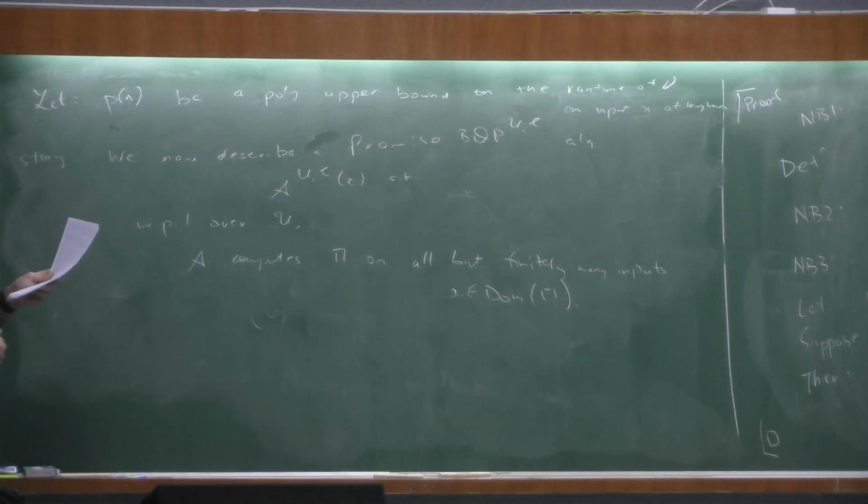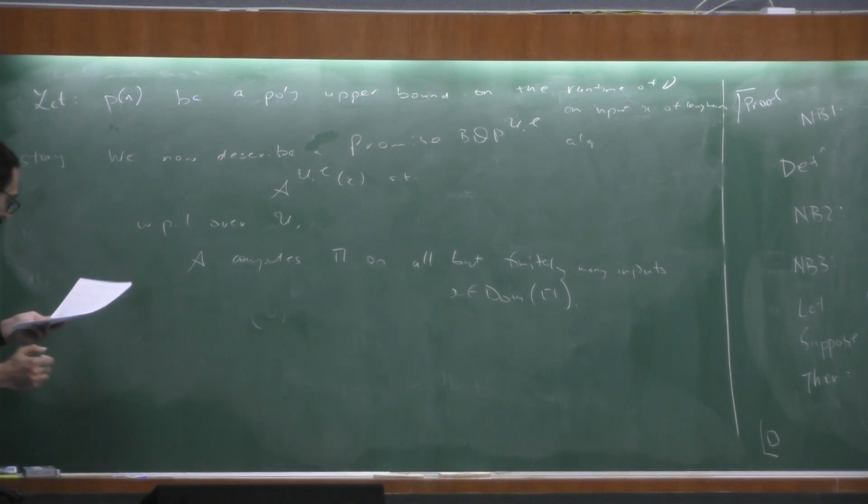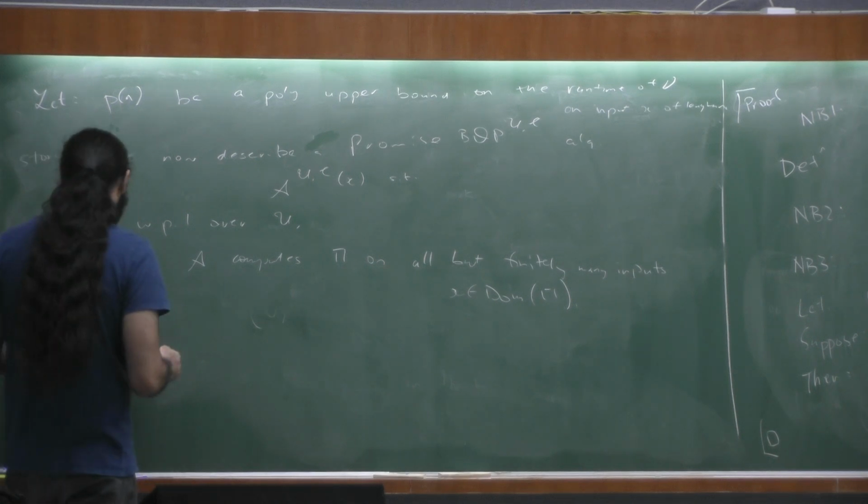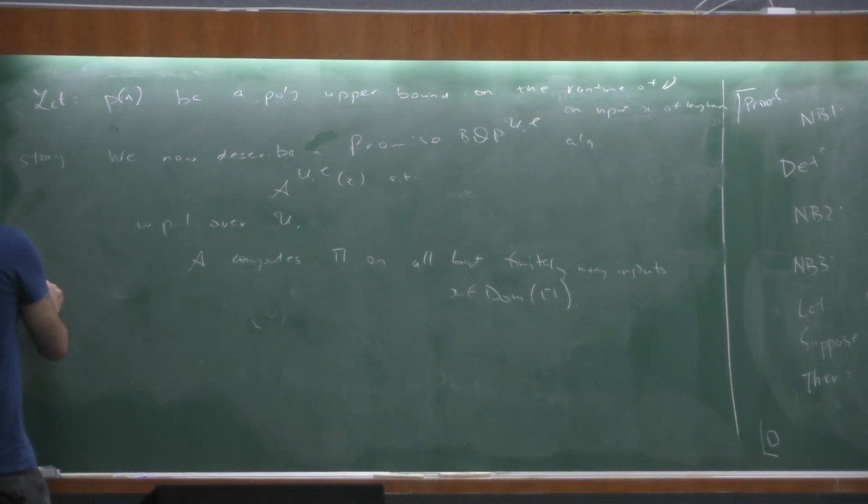Okay, so this is the magic step. Let's try to understand what the construction is. Here's the construction for A^U_C(x).